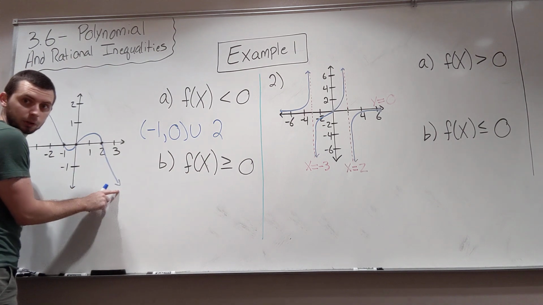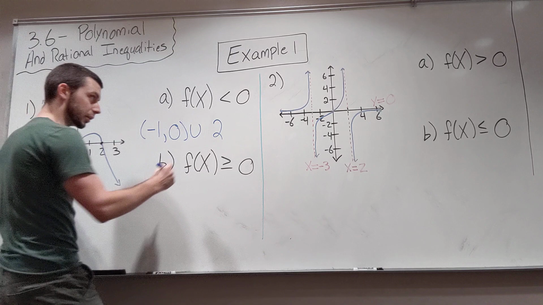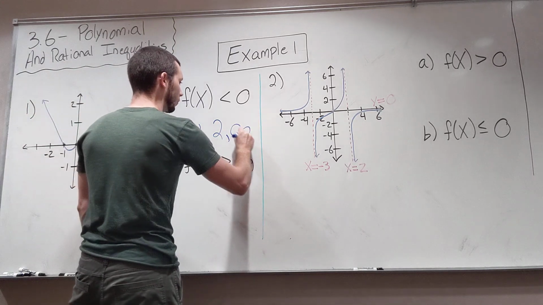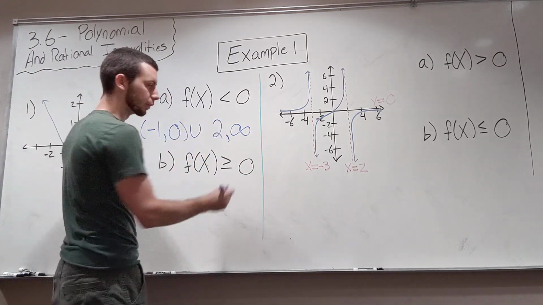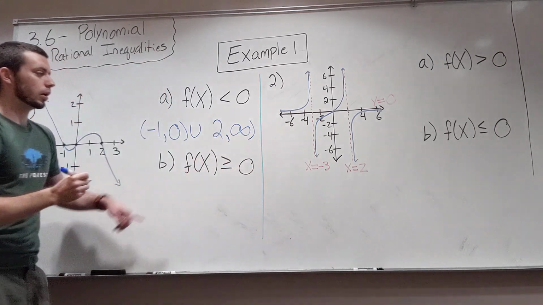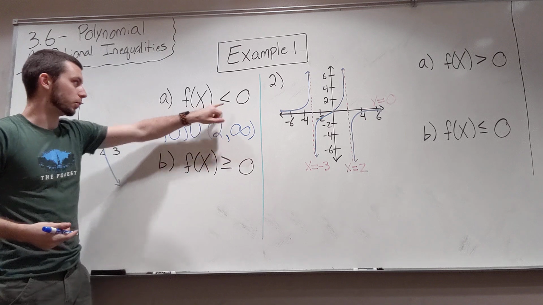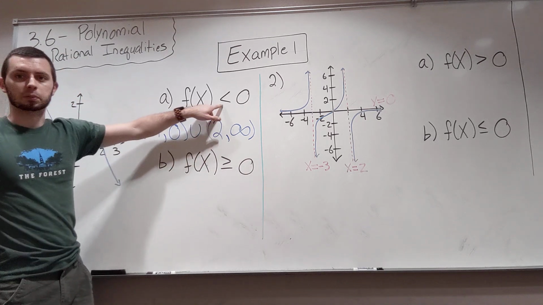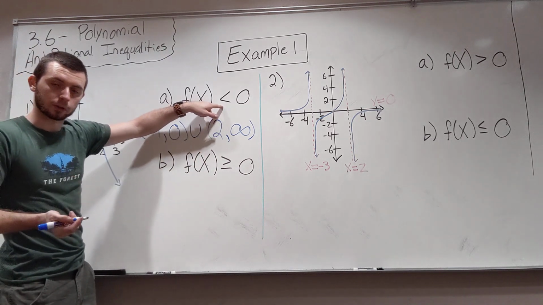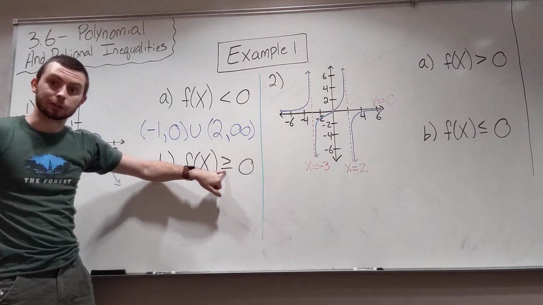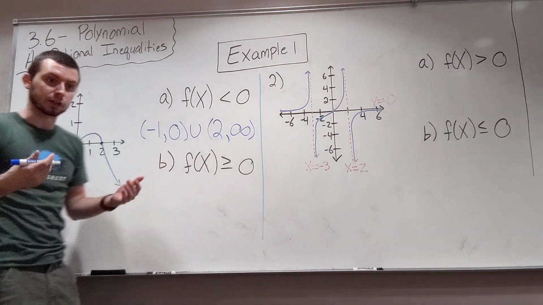That means we go to the right, positive infinity. Of course, the infinities always get parentheses, and 2 will also get a parenthesis by the same logic as before. This one gets a parenthesis simply because we do not include the endpoints. This might be different in this problem, as we'll see now.